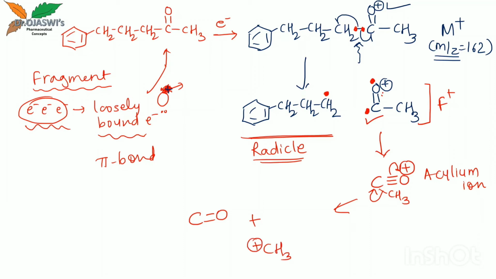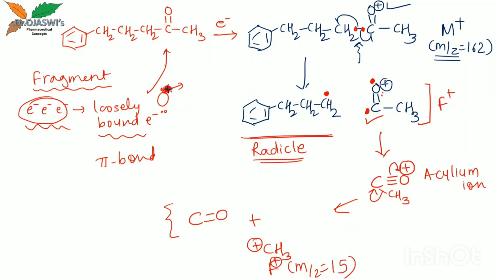This removal of a neutral molecule is always preferred during fragmentation. This fragment ion has an m/z value of 12 plus 3, that is 15.